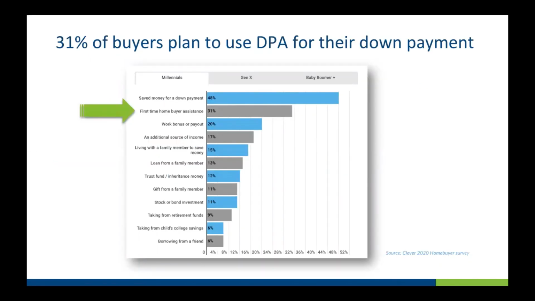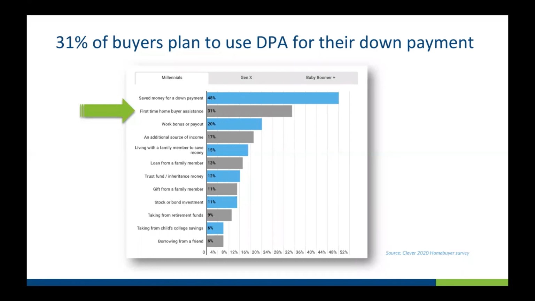Now, I want to take stock of where we were prior to the COVID pandemic. We saw a survey from clever.com. This was, I believe, in January of this year, very early this year, that asked millennials and survey participants from other generations where they intended to get their down payment when they bought a home. And among millennials, the second most common answer, second only to saving their own money for a down payment, was using a homebuyer assistance program.